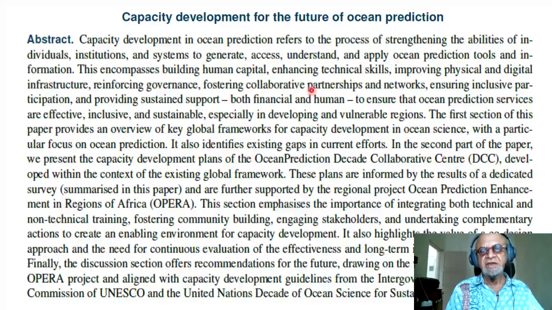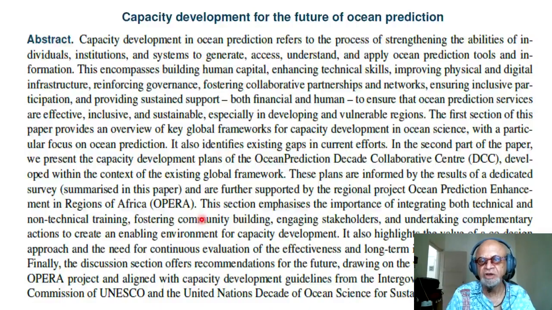Of course, this is the ideal picture under the Decade Collaborative Center, which is itself under the UN. So where the finance and the expertise to be shared will come from is a detail that's not really discussed here.